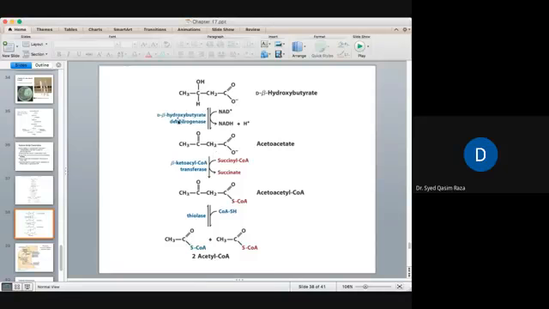Here are these enzymes: for example, here is the hydroxybutyrate dehydrogenase, here is the beta-ketoacyl-CoA transferase, and here is the thiolase enzyme. They are going to convert this hydroxybutyrate into two molecules of acetyl-CoA.